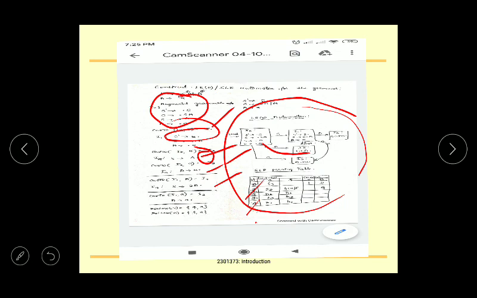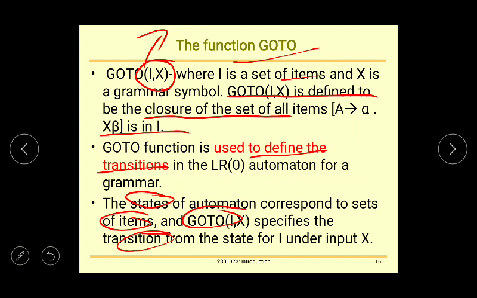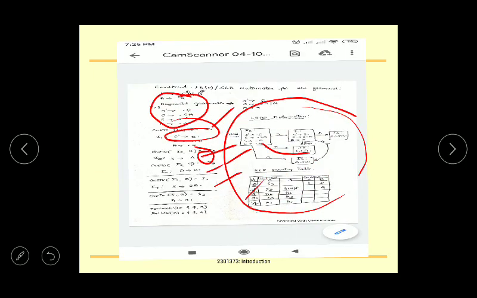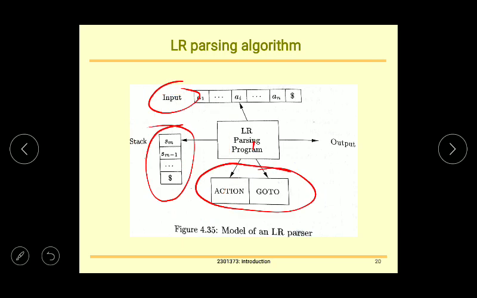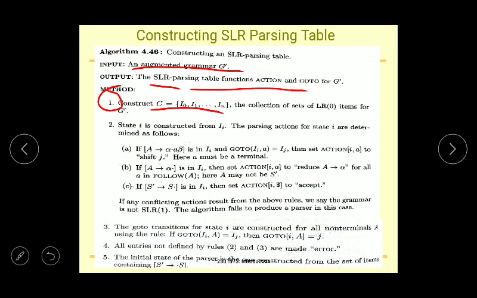So this is our first step, constructing LR(0) items, I0, I1, etc. After the first step, what is the second step? State i is constructed from Ii. It means if we have I0, I1, I2, I3, then your states are 0, 1, 2, 3. I0 means 0, I1 means 1.